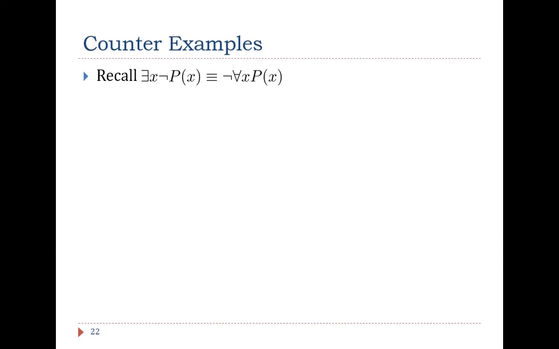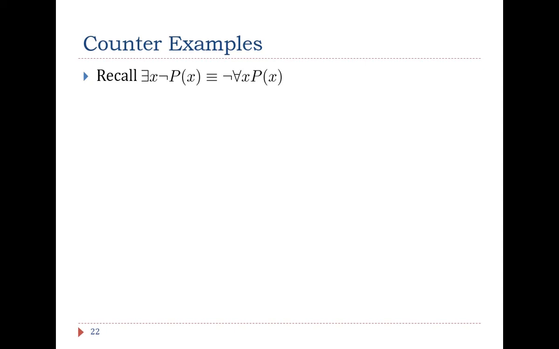In this case, it's sufficient to give a counterexample. So if you're asked to prove that it's not the case that all integers are positive, let's say, well, you know about the existence of 0, which is not positive.